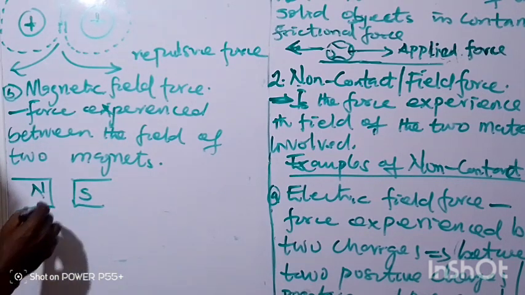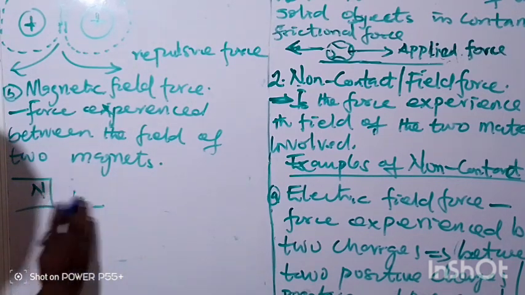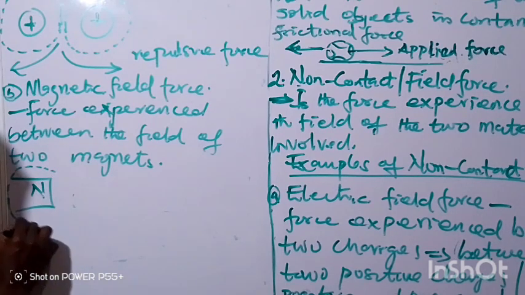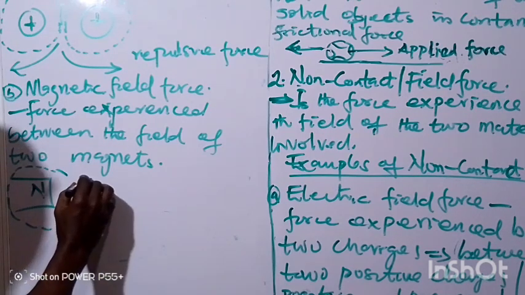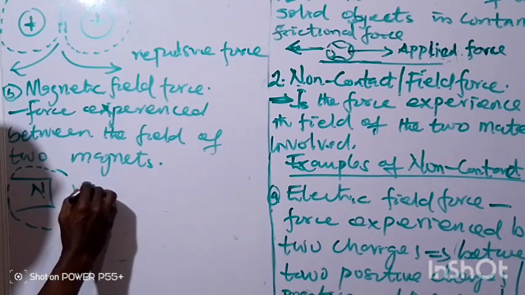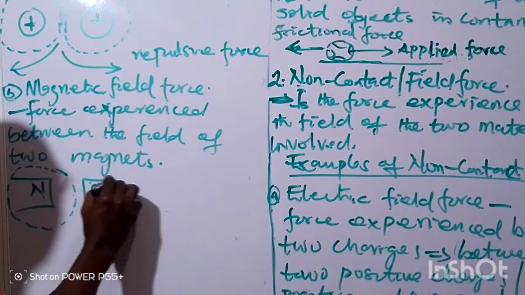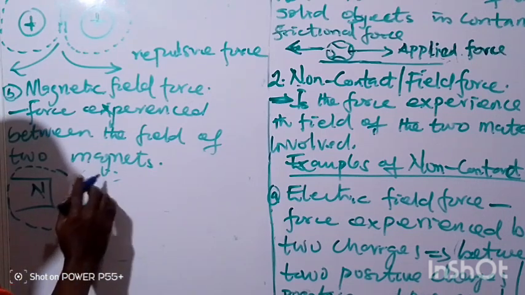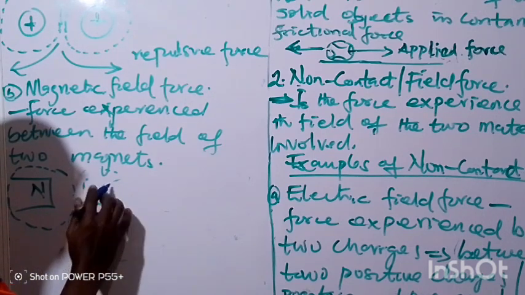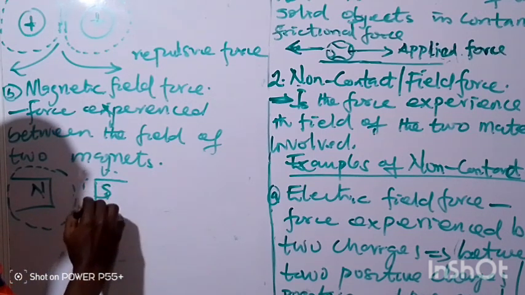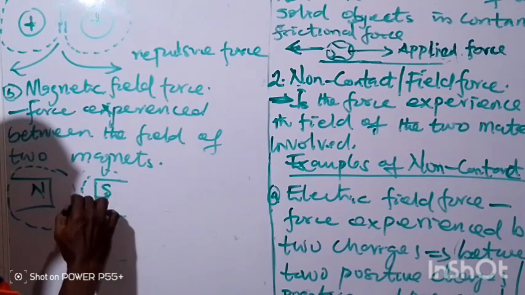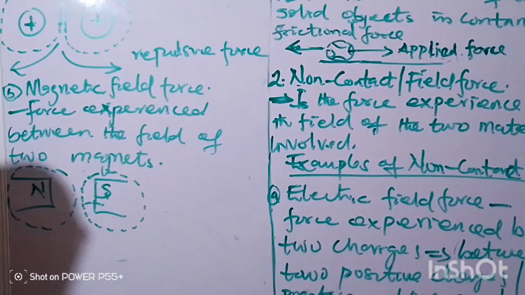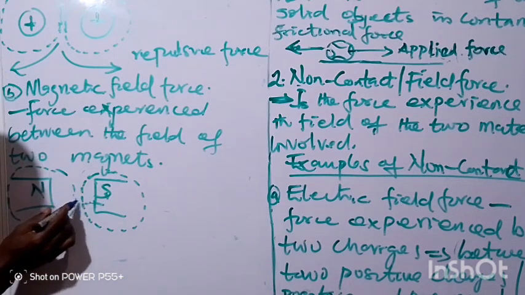According to what we draw on that one, let's say this is the region of the field of this one, and you have this one as south. So this is its own region. Mainly when this place touches this place, then the force will be experienced.